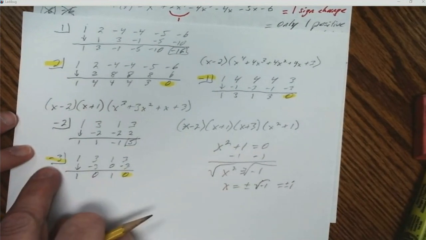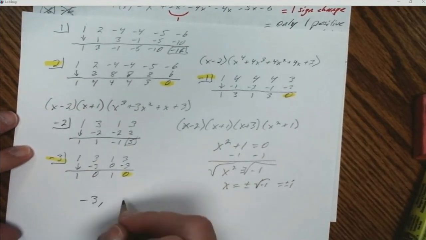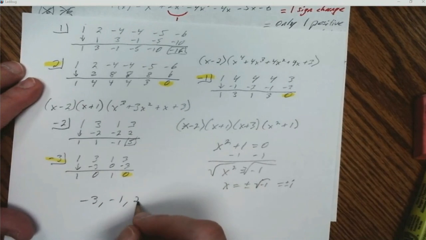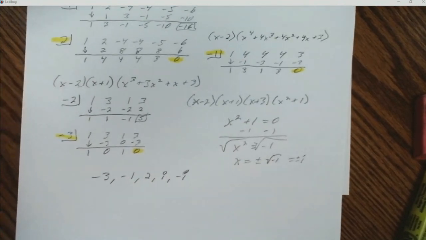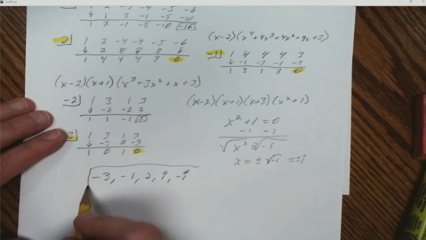So the solutions are, let's start smallest to largest: -3, -1, 2, i, and -i. There's our 5 solutions.